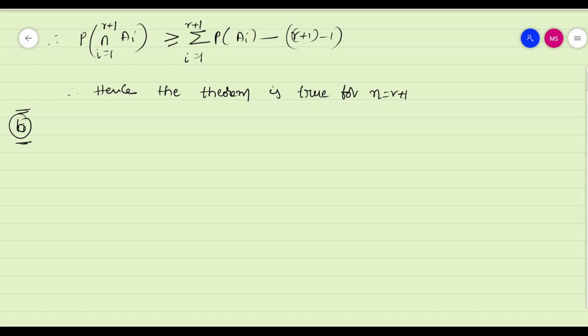This theorem we shall also prove by the principle of mathematical induction.